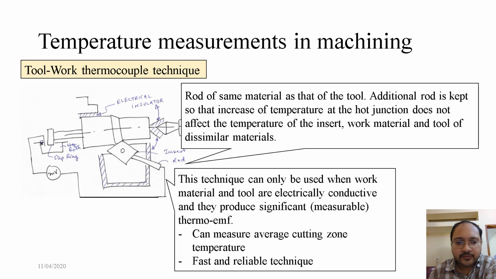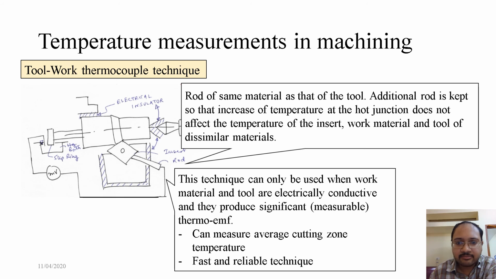In the figure, we see a turning setup which is adopted to perform the tool work thermocouple technique. The interface between the chuck and the work material, the boundary of the tool post, and the interface between the work and the tailstock are electrically insulated to avoid electrical conduction and short circuiting of the setup.